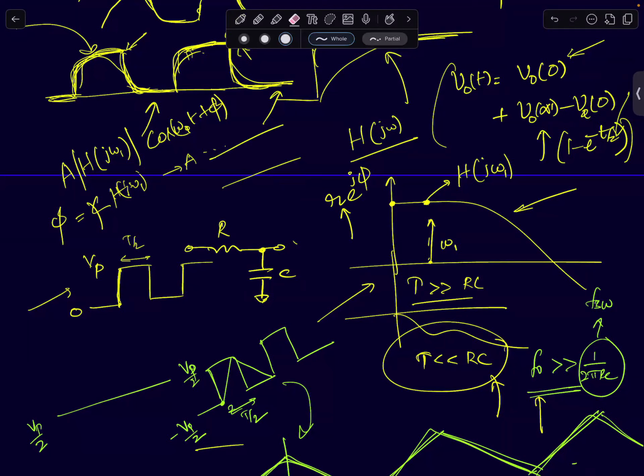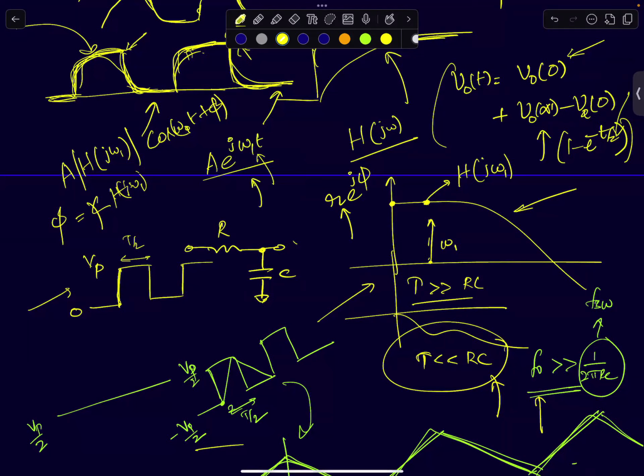So I can represent sinusoids using complex numbers. How do you represent A e power j omega 1 t? This is a complex sinusoid of frequency omega 1 and amplitude A. Now if omega 1 becomes equal to 0, the sinusoid reduces to A, which is nothing but a constant.